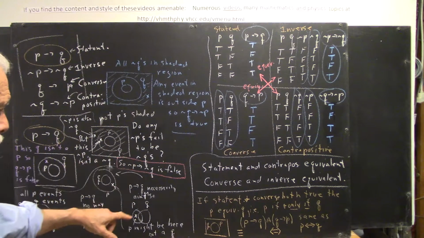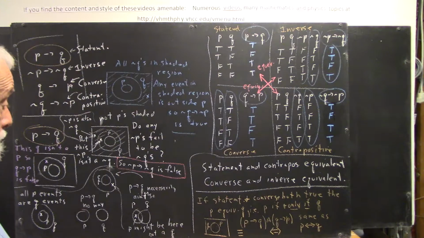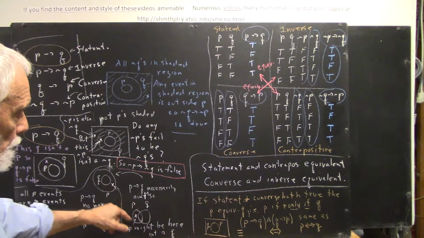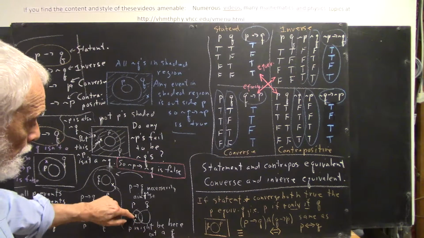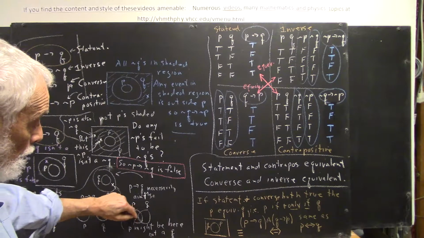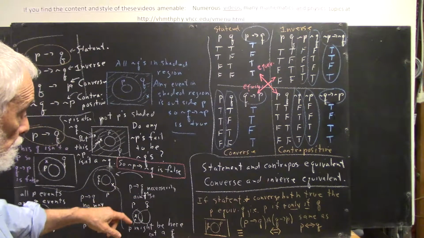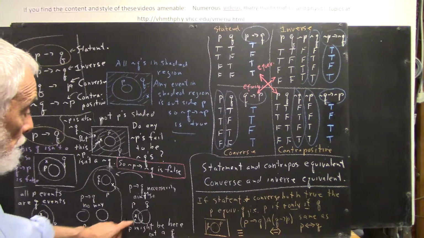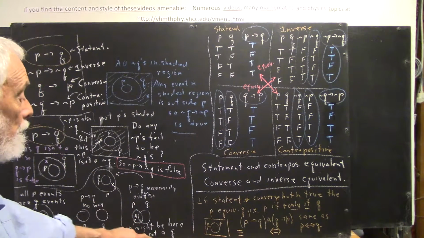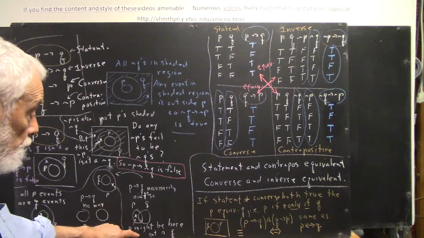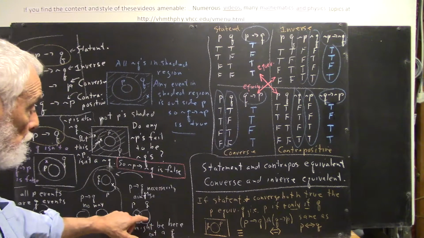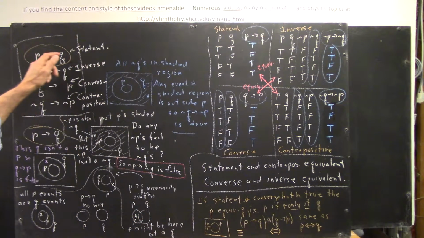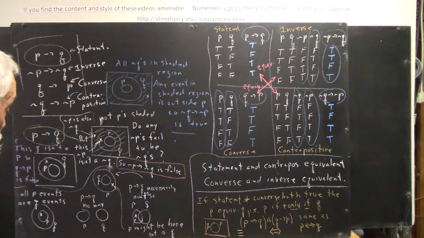Well, what I say here is it ain't necessarily so. Because the way we've drawn this, if there are events in this part of the P circle, they aren't Q events. So you can't say if it's a P, then it's a Q. P might be here, and in that case, P would not be a Q, so we would not want to draw an if P then Q statement like this.